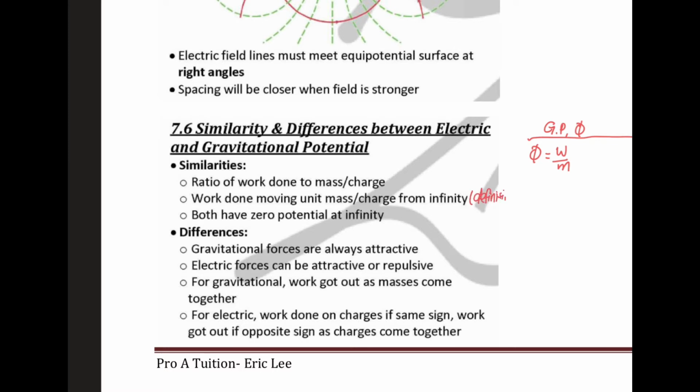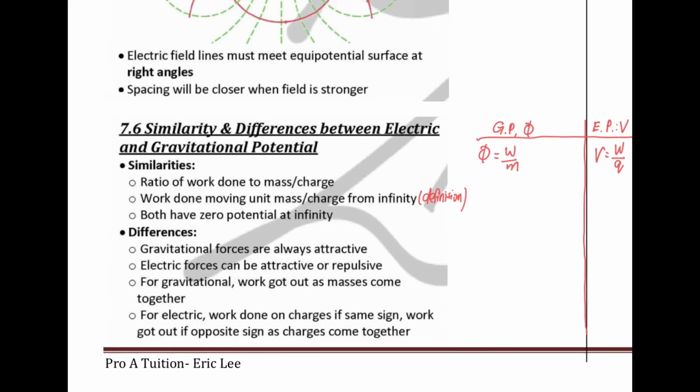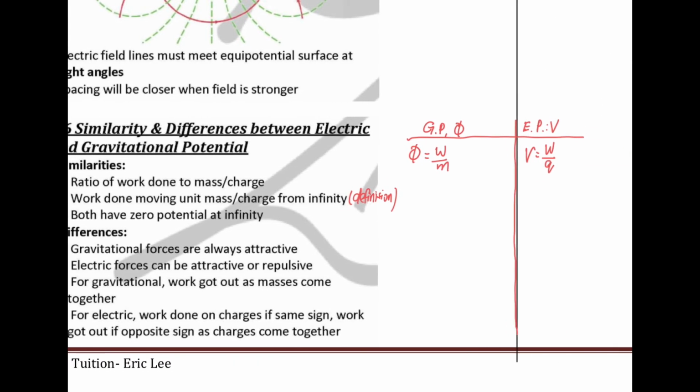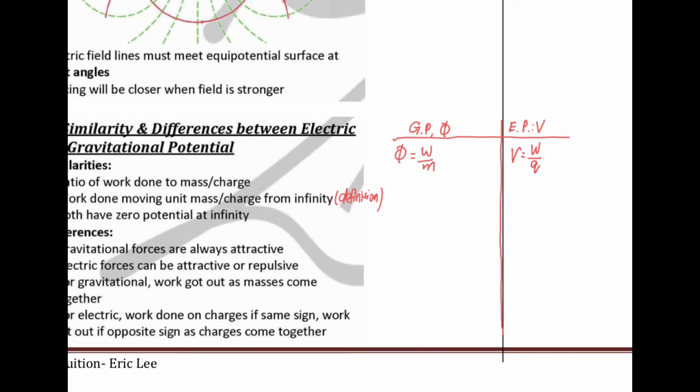The next one, the third point, both have zero potential at infinity. Now let's see. First of all, we have to know that for gravitational potential, the formula has a negative in front. It is negative GM/r.